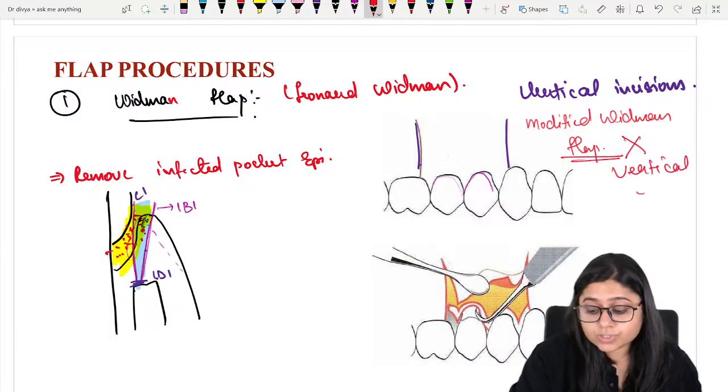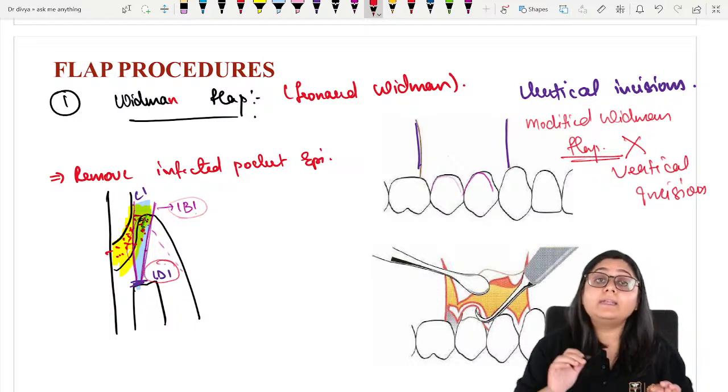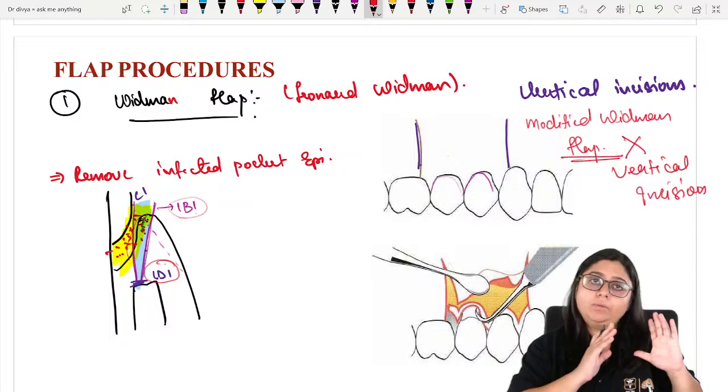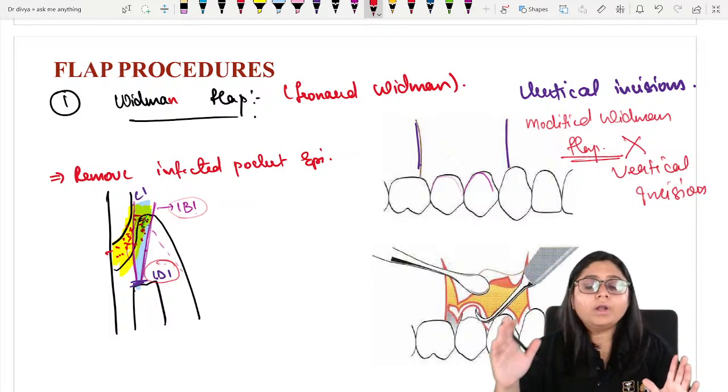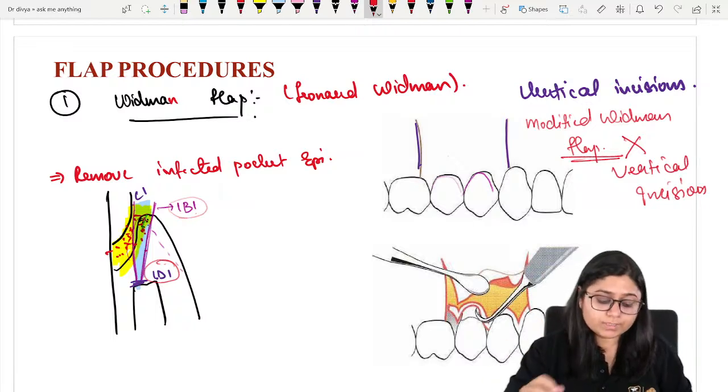Otherwise, all three incisions, the crevicular incision, the internal bevel incision and the interdental incision, were used in the modified Wiedemann flap other than the vertical incision.